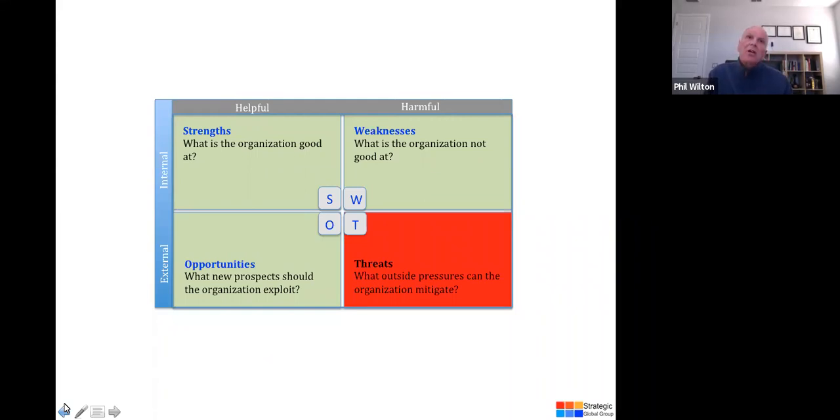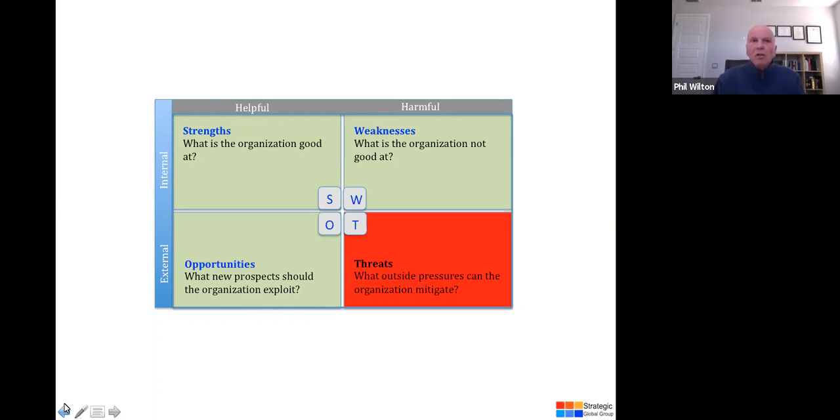So what would be a good example of a law? So health and safety is a law that all companies have to perform their business within. Now that's a threat, so it has to stay in the threat box. But what you may have in your organization is a very good record on health and safety. You may have very few accidents, whatever your business is, maybe a gym or something.